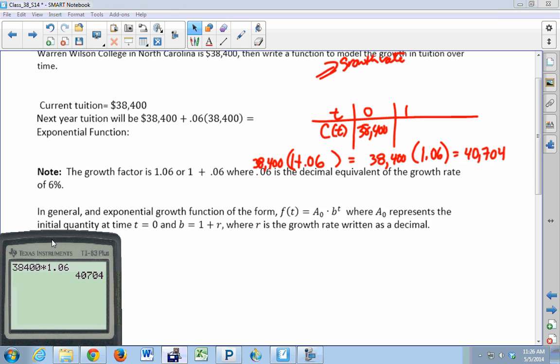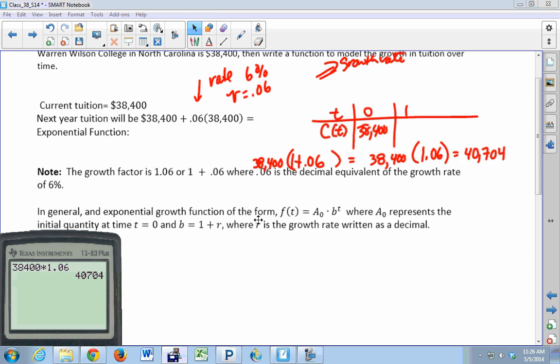Okay. So if I want to write an exponential function so that I can look at the next year and the next year, and God help us, I hope she doesn't have to go 4 years, what would the exponential function look like that would calculate that, so I could then look at successive years? I know the rate. The growth rate is 6%. R equals 0.06. To get the growth factor, what did I do?